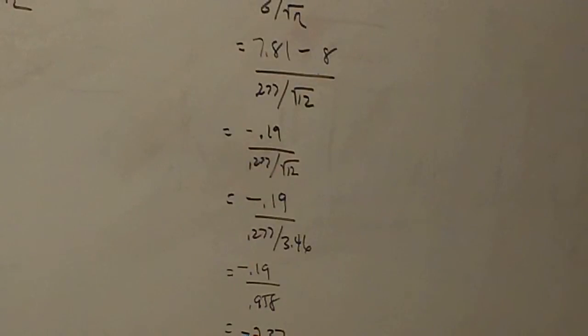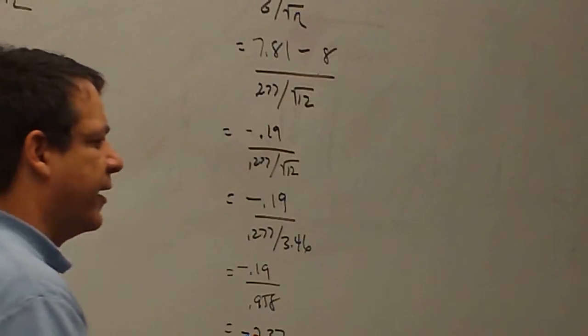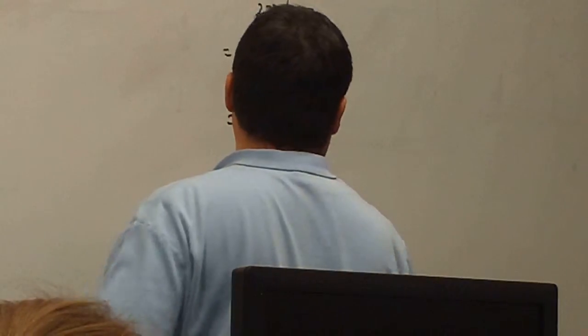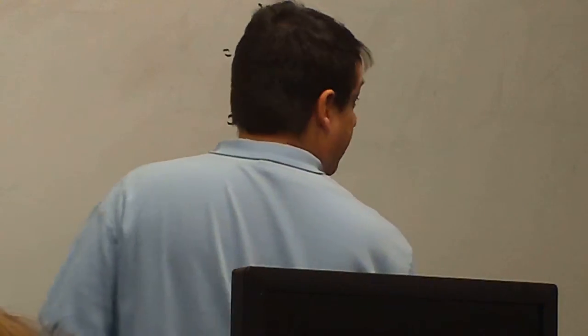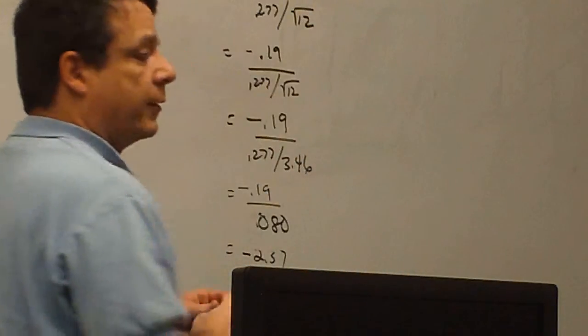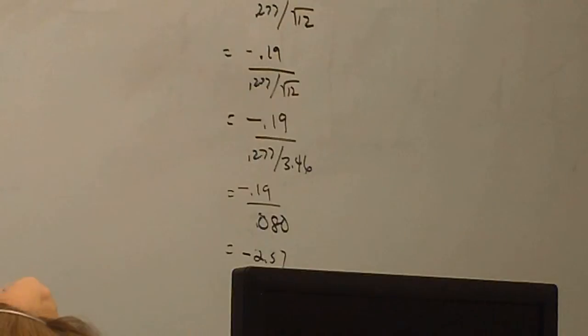I got negative 2.37. That's what I got. 0.958 can't be right. Yeah, that looks better. You got something wrong with that calculation.